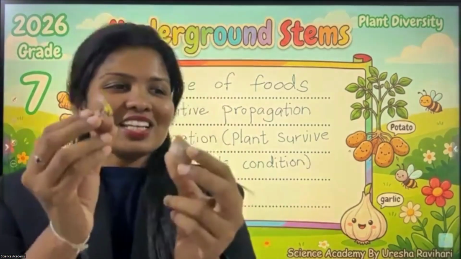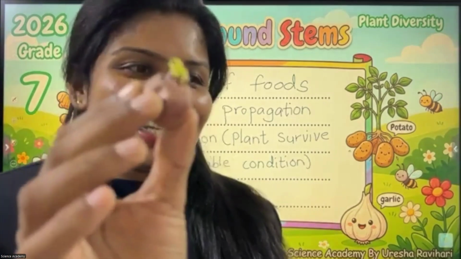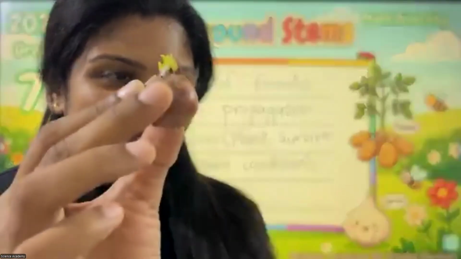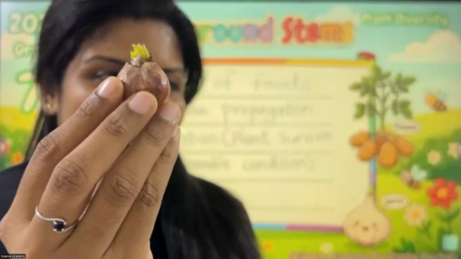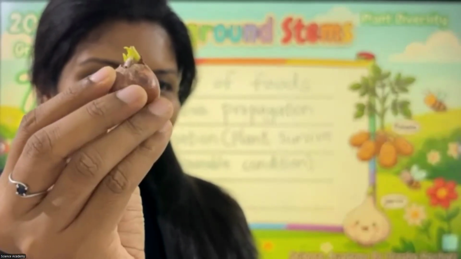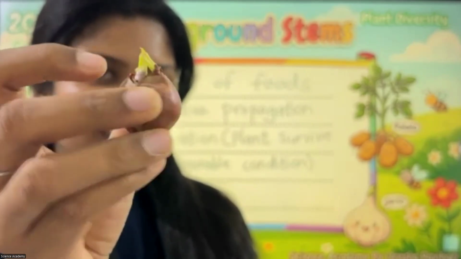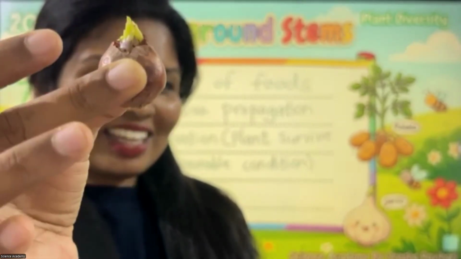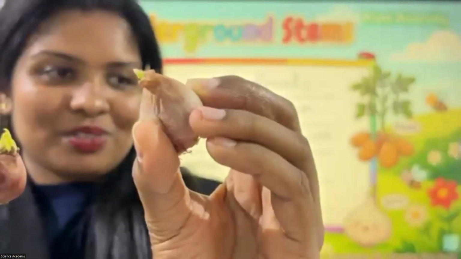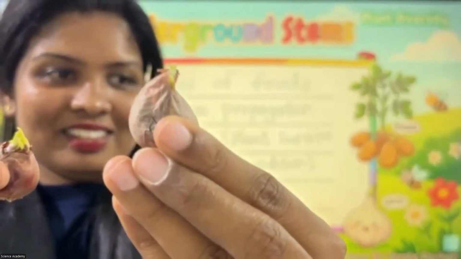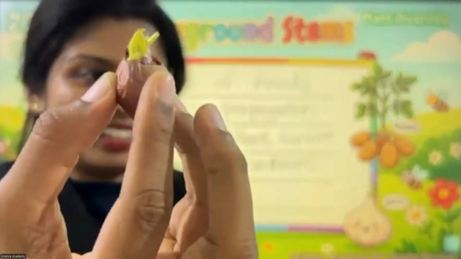Children, can you see this? Onion is about to grow. Can you see the sprout of this onion? Yes, teacher, green color. This is also green colored. A new plant is coming. Vegetative propagation.